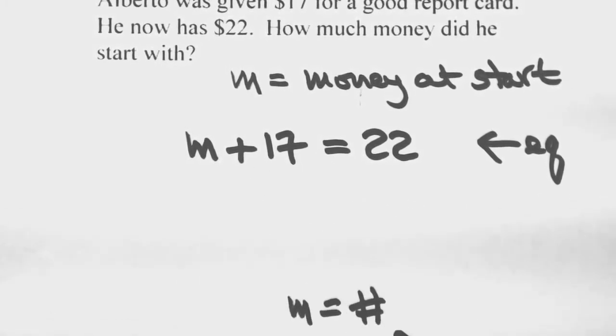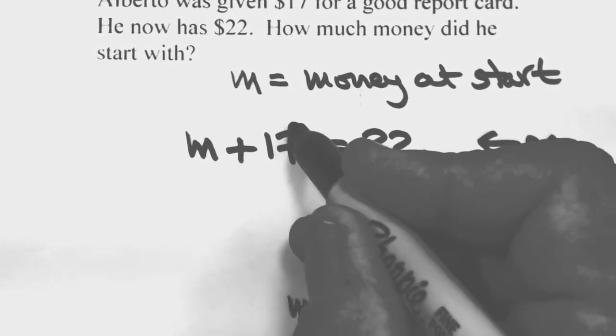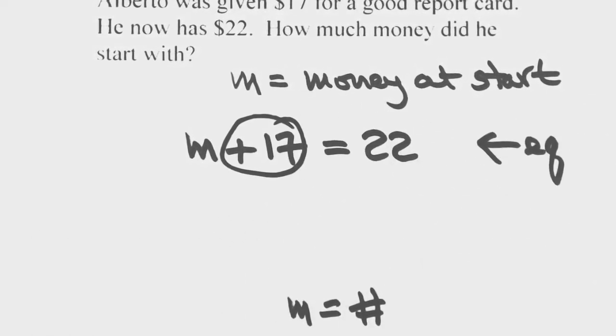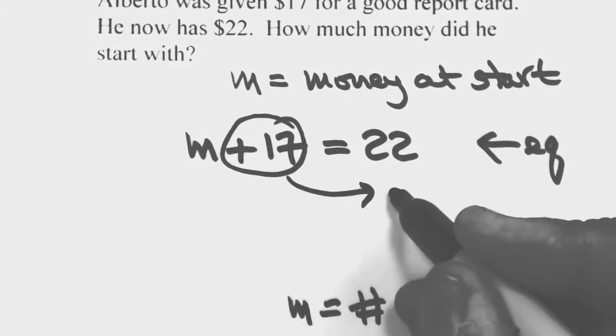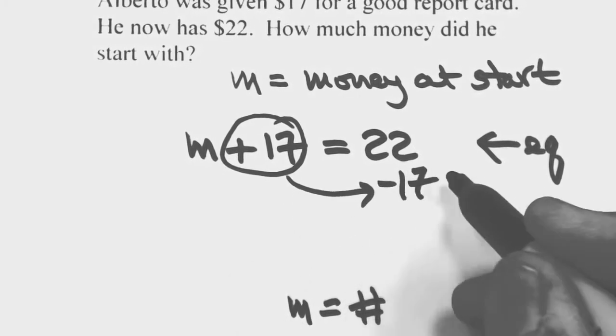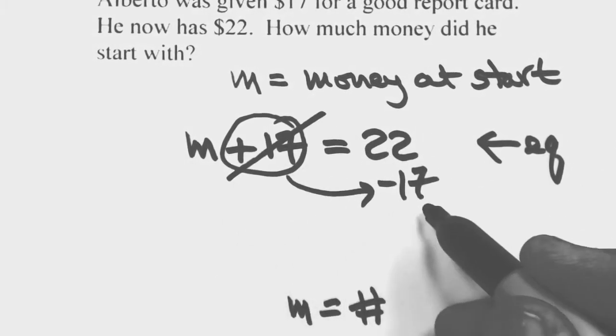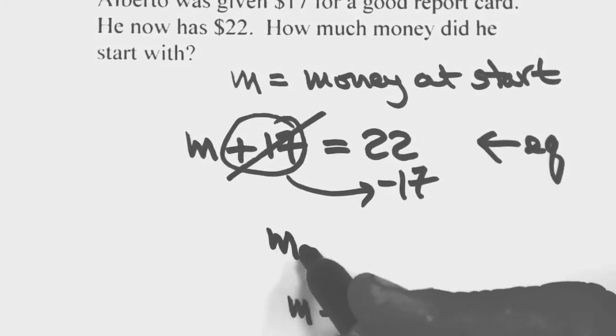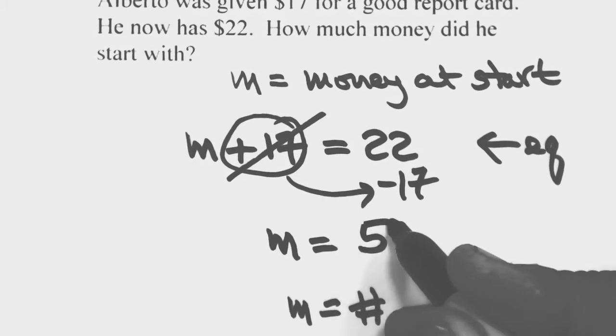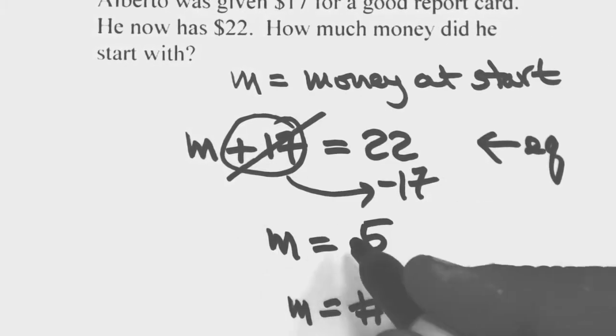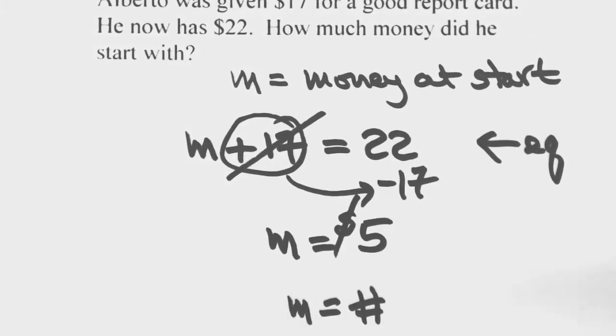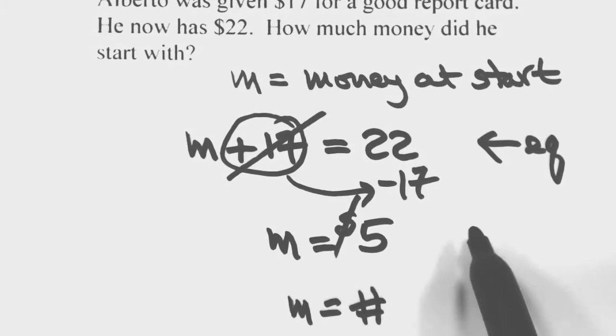So you ought to be getting pretty used to this by now. The guy that needs to move here is the plus 17. Everybody else is on the correct side. So this comes over as negative 17. Plus became minus. That's correct. So M simply equals 5. Now, the monetary units here are dollars, so be sure you put the dollar sign in on this.